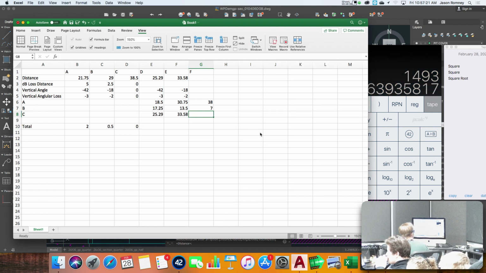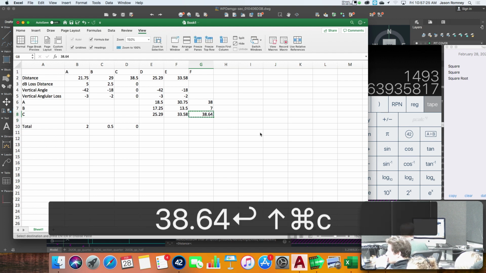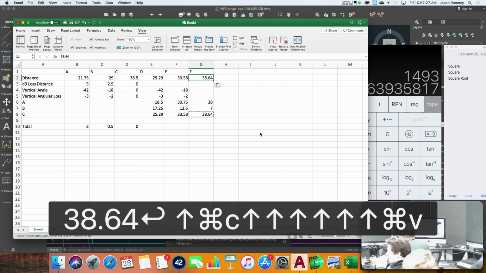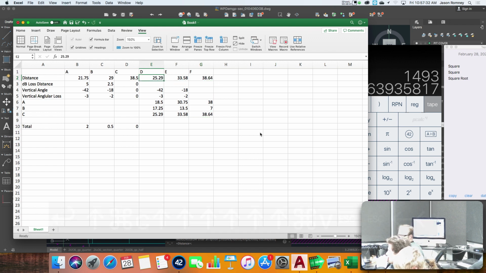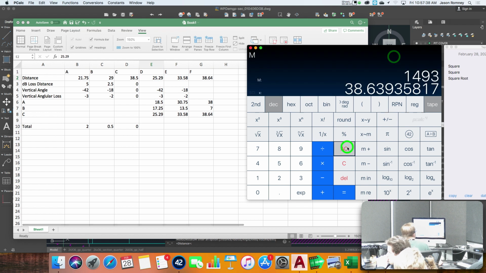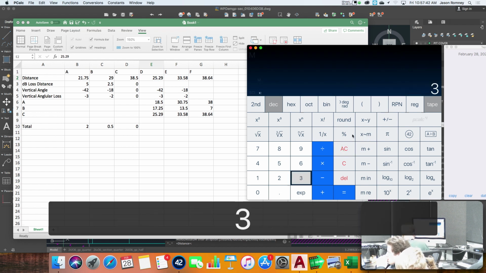Okay, so now I just have to figure out what do I lose or gain going to those seats as compared to the back row center. Yes? So we'll do 38.5 as the distance to the back row, divided by 25.29, which is the distance to off side of front row, log 10 times 20.